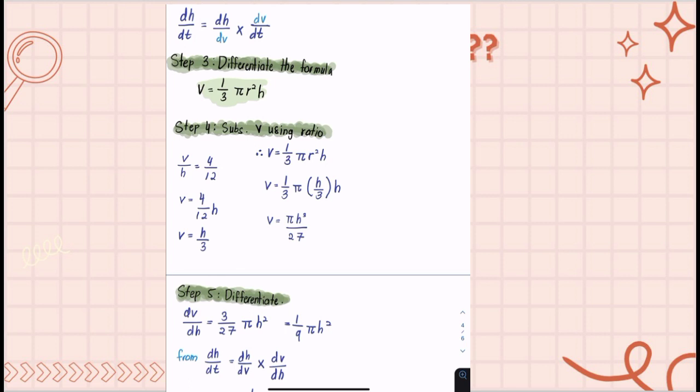So from the step 3 formula, we need to put h over 3 in place of r. So it will be V equals 1 over 3 pi, h over 3 squared, h. When we finish the calculation, we will get V equals pi h cubed over 27.